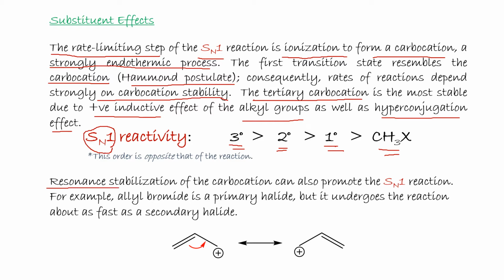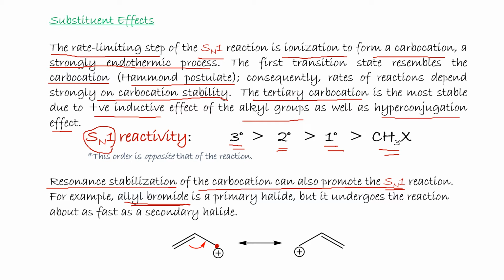Resonance stabilization of the carbocation can also promote the SN1 reaction. For example, allyl bromide, even though this carbon is primary, is sp3 in the beginning. For the alkyl halide it is sp3 hybridized. When it's ionized, it's sp2.